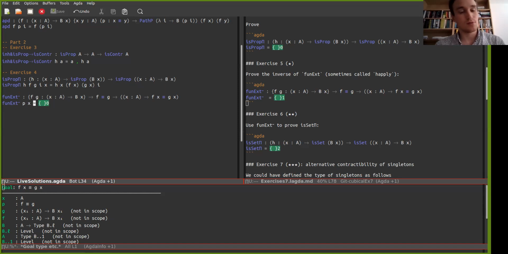Actually, someone wrote in the chat concerning this prop pi that we could use fd. Yeah, certainly.